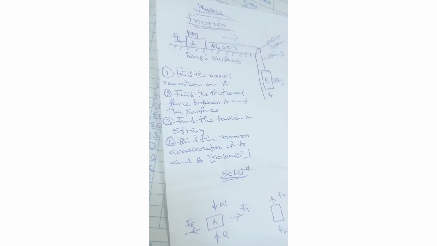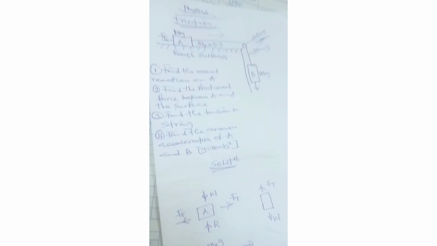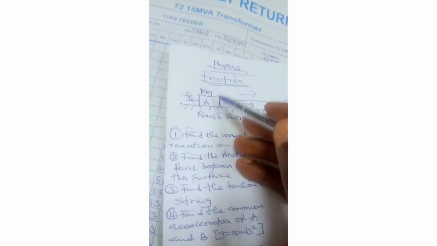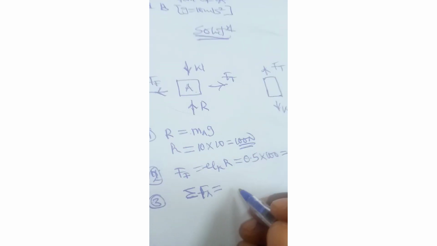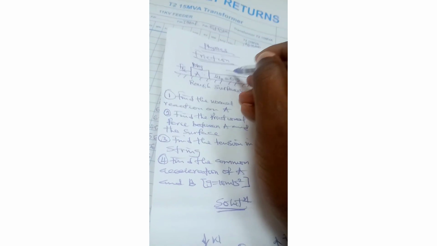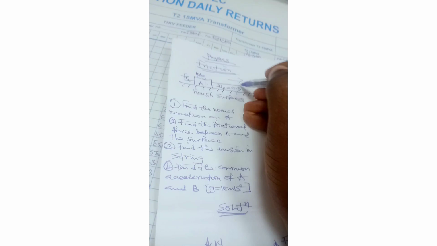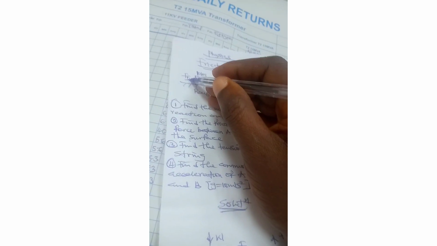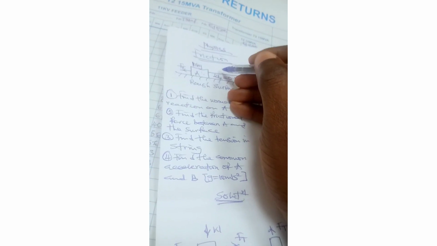The sum of the forces on A is going to give you the first force, the one that enabled the object to move forward. This tension along this string is greater than this frictional force. That was why this object was able to move forward.